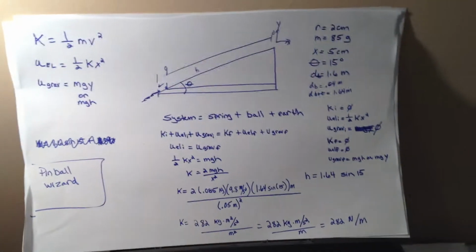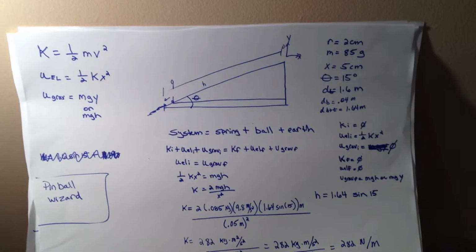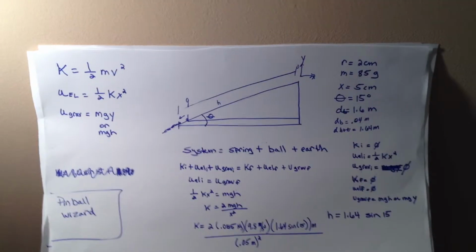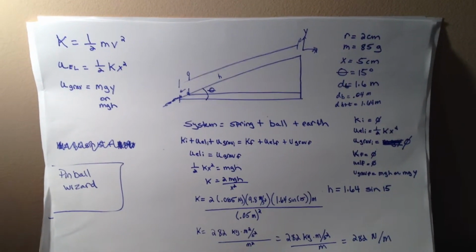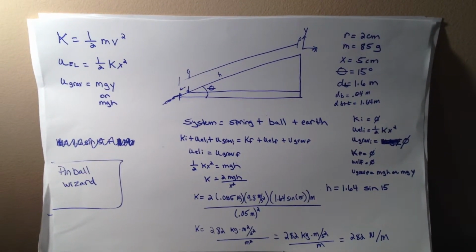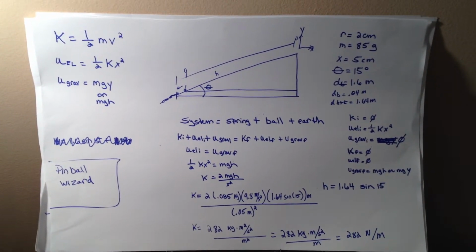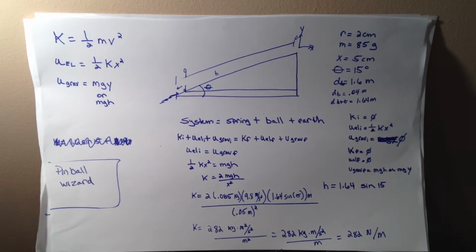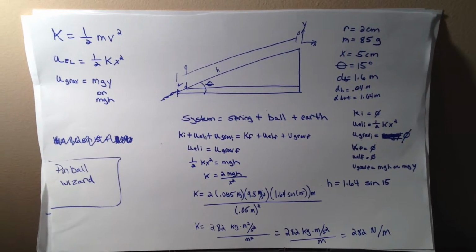On the right hand side, I have the radius of the ball, the mass of the ball, and the distance x, which, if you look at U elastic, is the distance the spring will compress. We have the angle theta, which is 15 degrees.